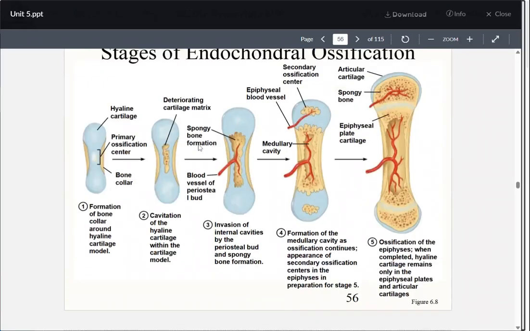So, images of this. For me personally, I am much more of a visual versus a word learner when it comes to the stages of endochondral ossification. I much prefer to visualize it.